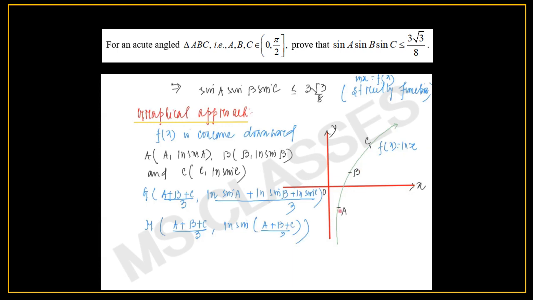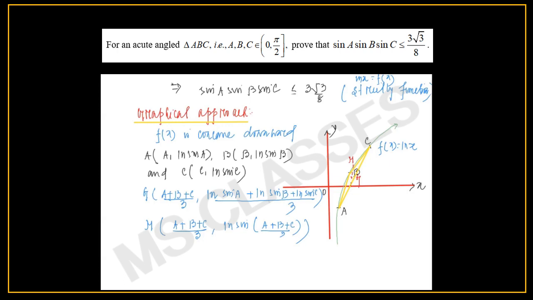You can just imagine the triangle. These are triangles. Here, if we get the centroid, this is the centroid. Corresponding to that we get a point which is M. Naturally we can understand that the height of M from the x-axis is greater than the height of the centroid from the x-axis.